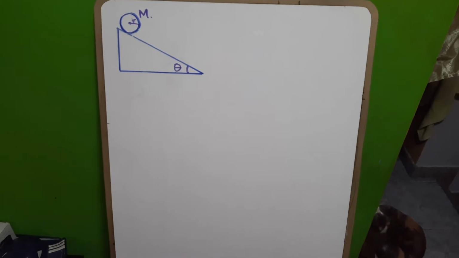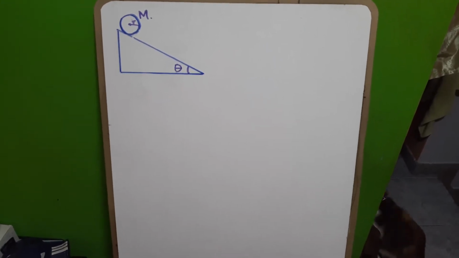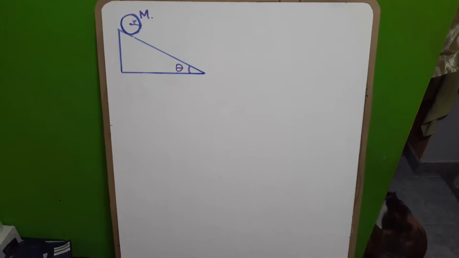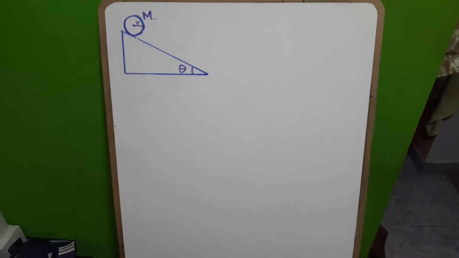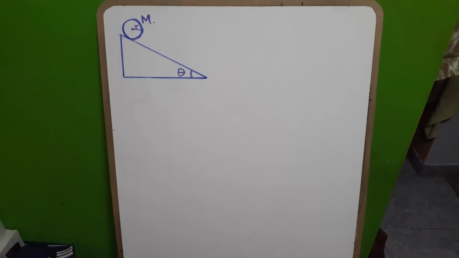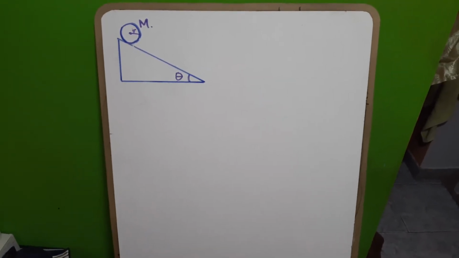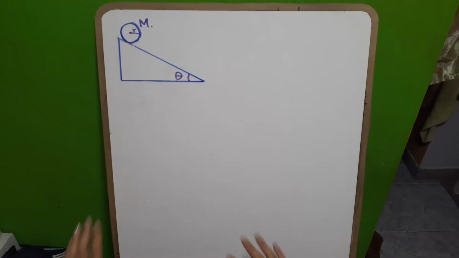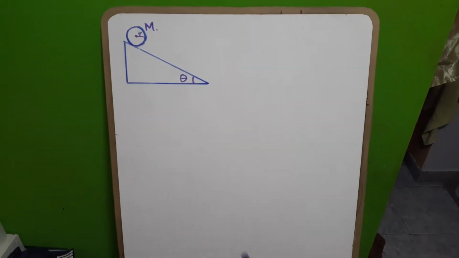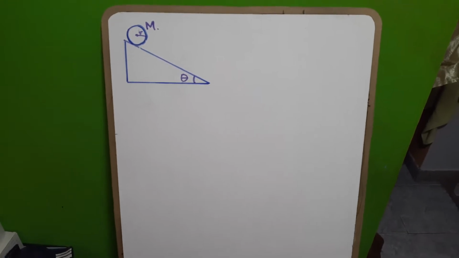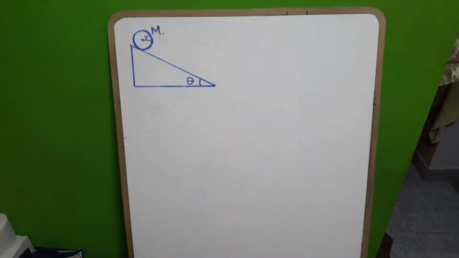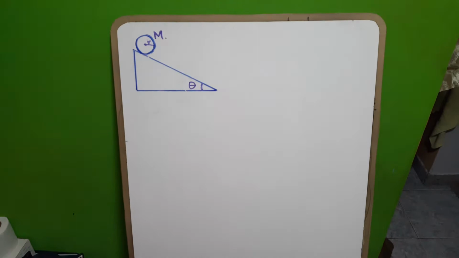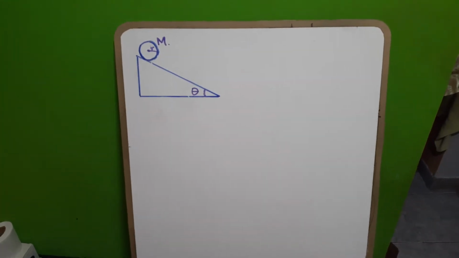Let's see an example. There is a cylinder of mass m and radius r that rolls without sliding on an inclined plane of angle theta.